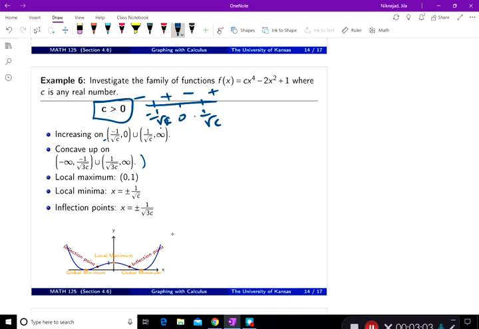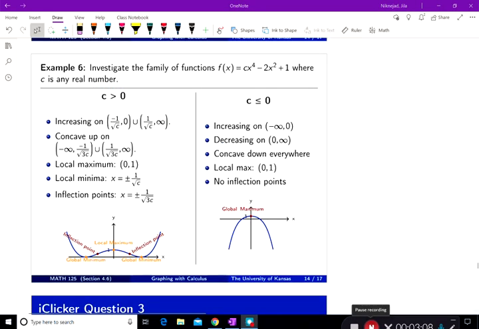Now, what is going to happen when c is negative? When c is negative, for f prime you only have one root, that is 0. And it turns out f prime is positive before 0, negative afterward.